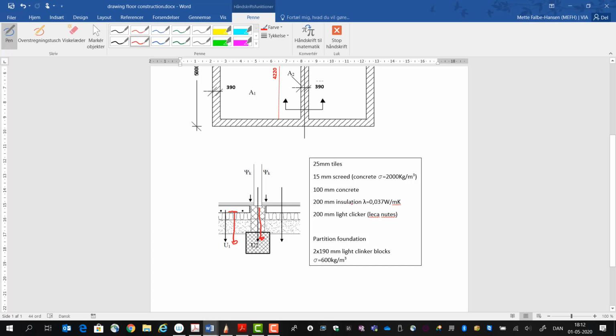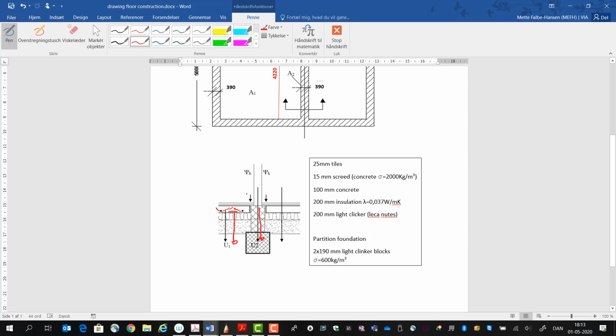I've written up the construction here. We have tiles on top, then a screed to even the floor out, and then a concrete layer of 100 millimeters, but we calculate from the heating pipes, and they're placed 2/3 down in the concrete to make sure that the heat can spread out, so we won't have any places where we don't have heat.